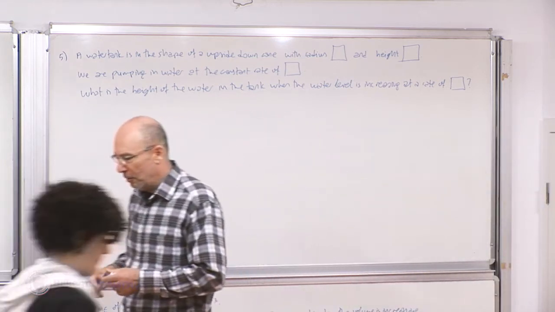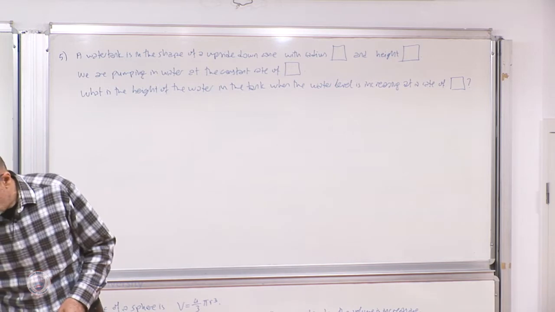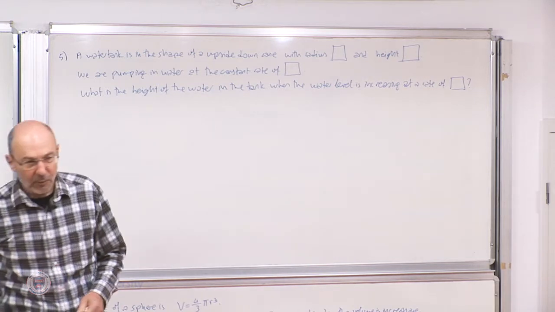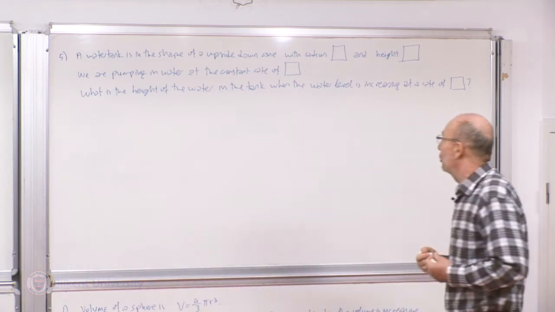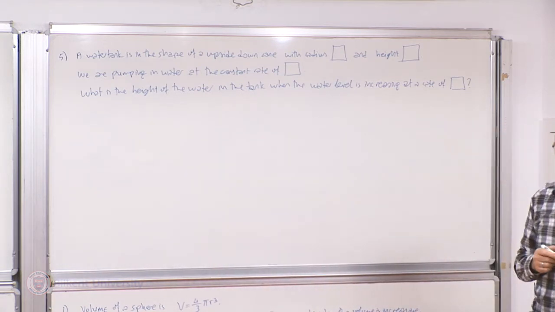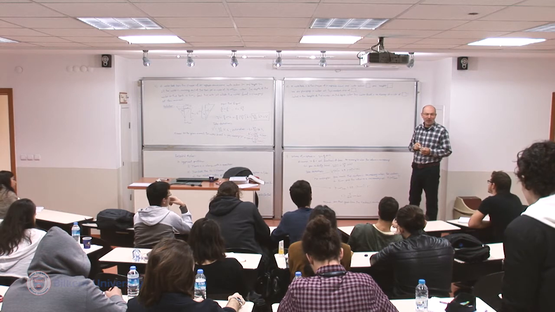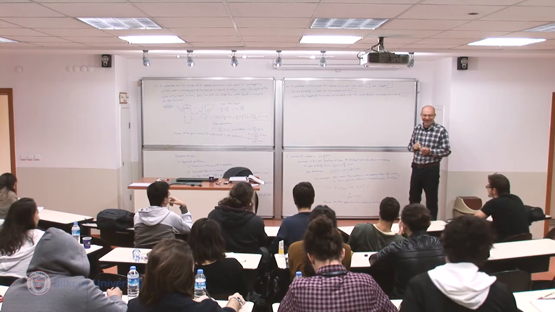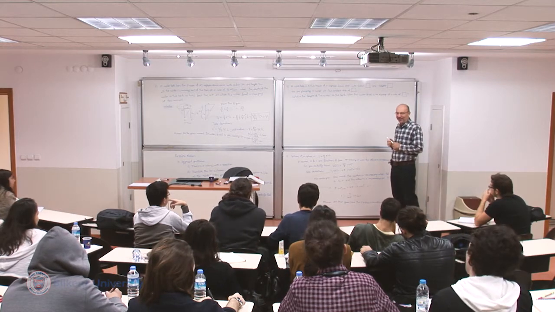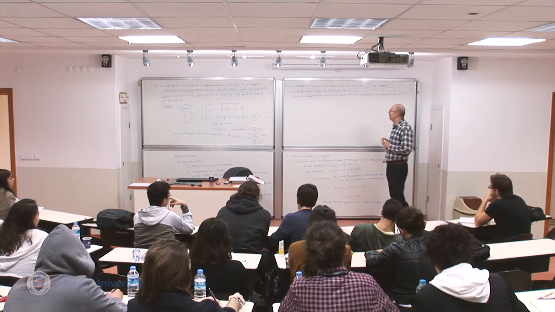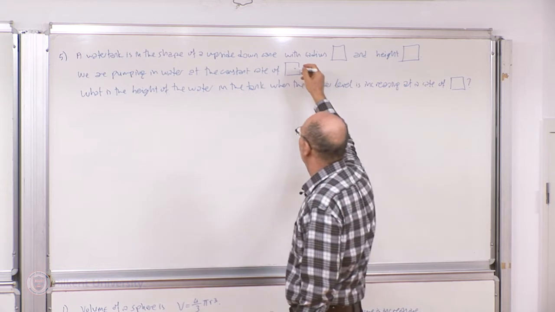So let's give some numbers. What do you want your tank to look like? What do you want the radius and height to be? You want 8 for this?